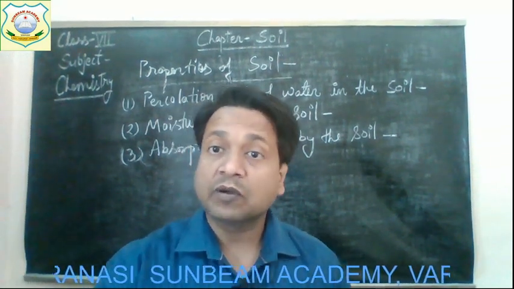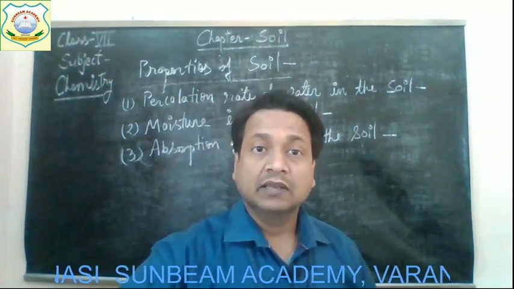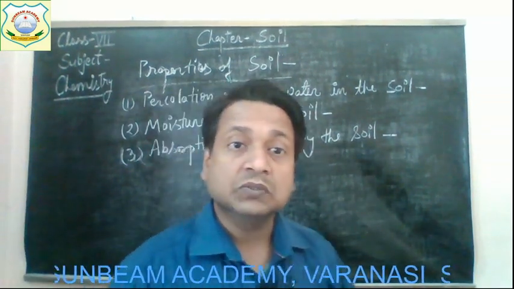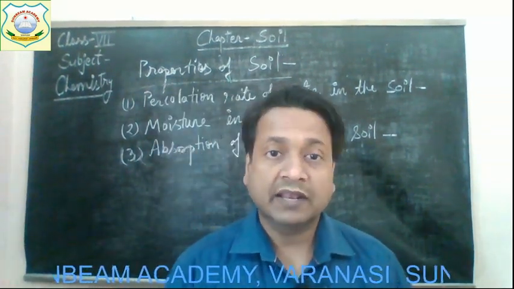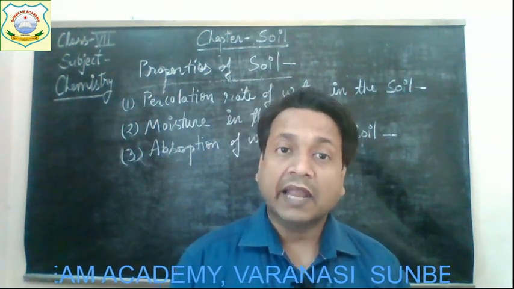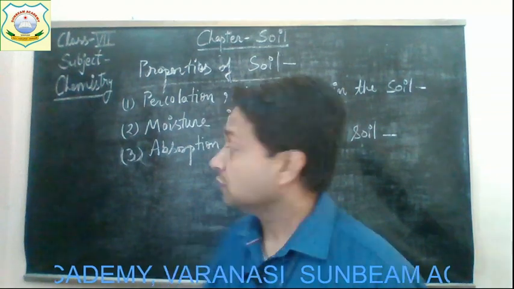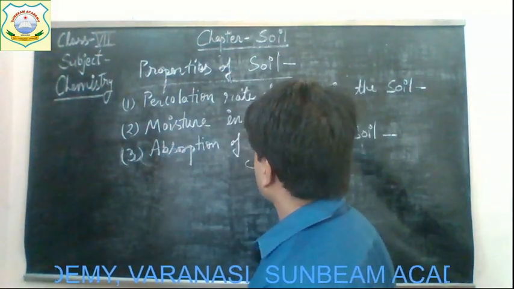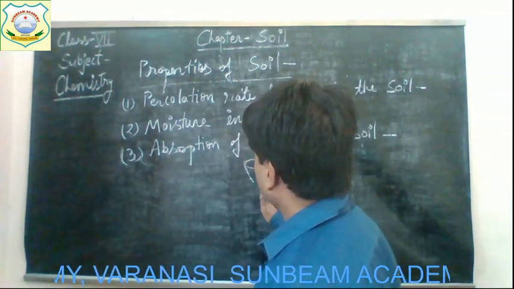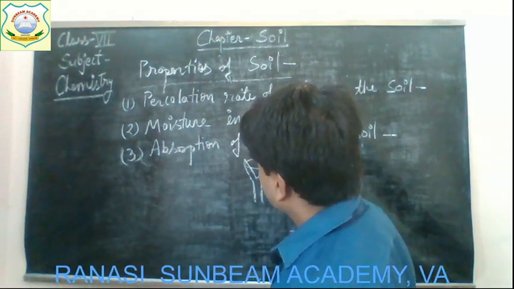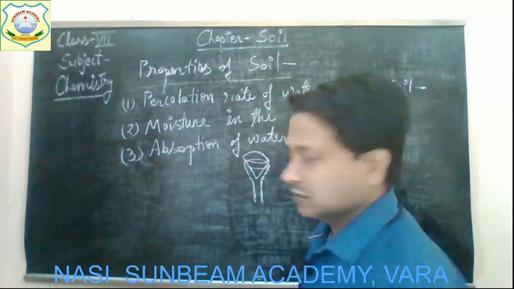This is the third property of soil. And this property can be easily understood by taking a funnel and folding and placing a filter paper in the funnel. So first of all, we will take a funnel and we will place a filter paper in it.